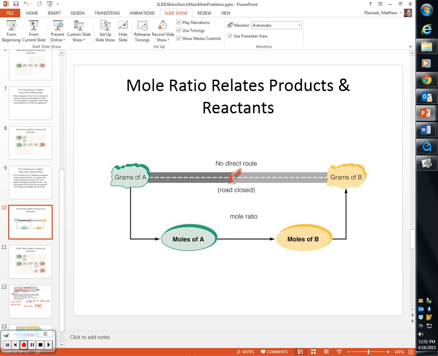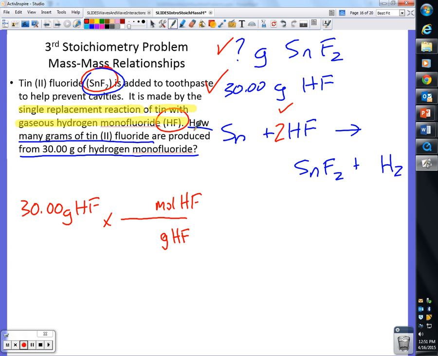You can compare grams to moles as long as it's the same compound. Step two of this detour takes us from moles of A to moles of B, and as it's labeled right here, we do that with the mole ratio.